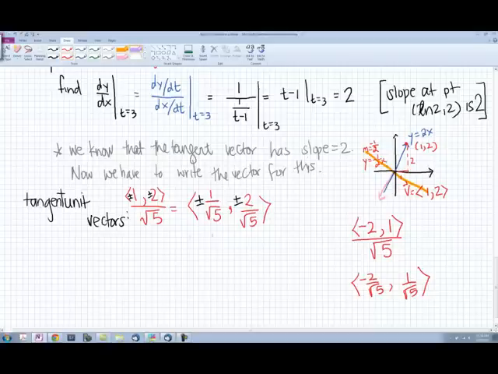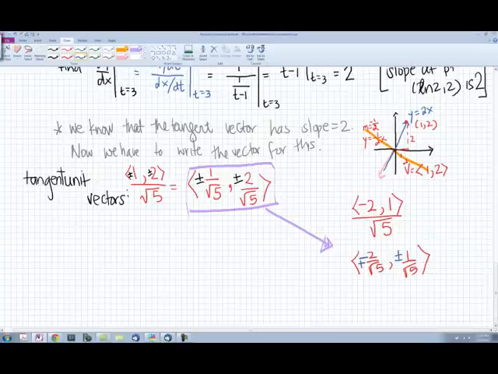Compare that to the tangent unit vectors that we have. Here it was positive, positive. So for the normal one, we switch the x and the y components, and we make one of them negative. The way that we can describe two separate vectors with this would be to make it minus plus and plus minus so that they switch.